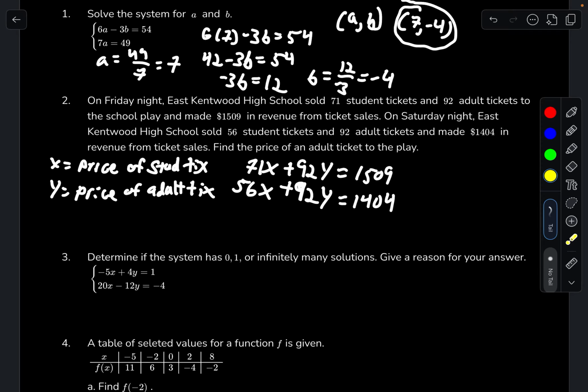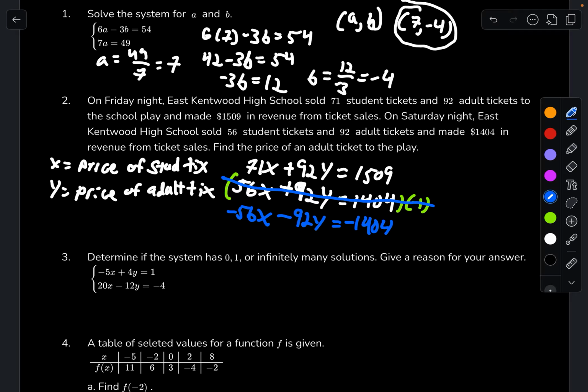So to kill Y, I'm going to multiply the bottom equation by basically negative 1. Okay, which gives me negative 56X minus 92Y equals negative 1,404. Now, I don't care about this because I just modified it, and I'm going to combine these two. So 71 minus 56, I'll do this in my head, so to speak, which is really just, I'm too tired to pretend I can do it in my head.